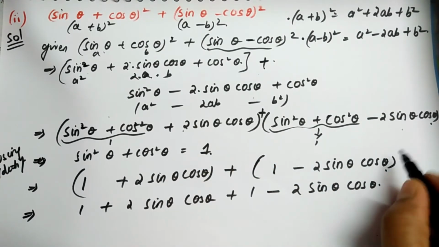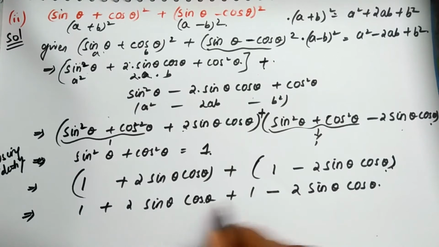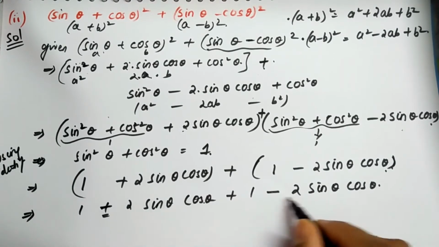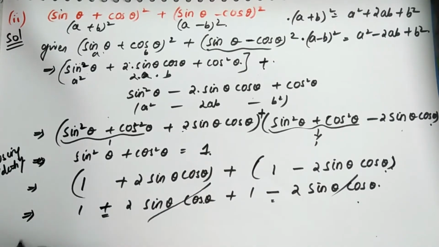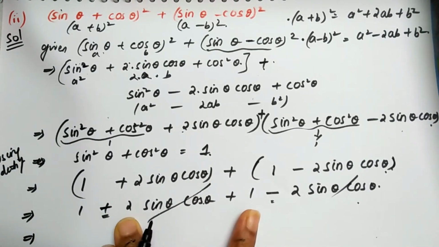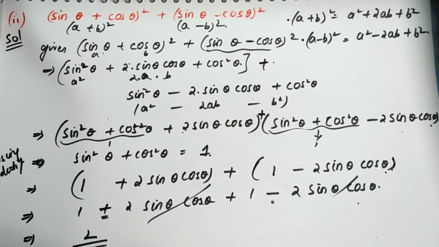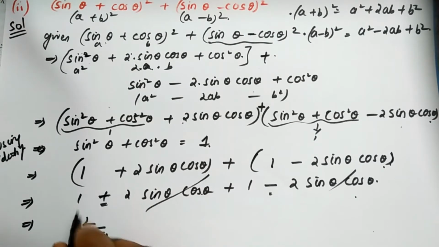We're just opening the brackets. See, plus 2 sine theta cos theta and minus 2 sine theta cos theta gets cancelled. It gets to be a 0, right? And 1 plus 1 is nothing but 2. We have simplified it.